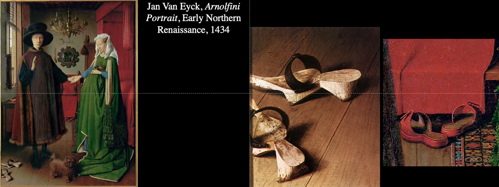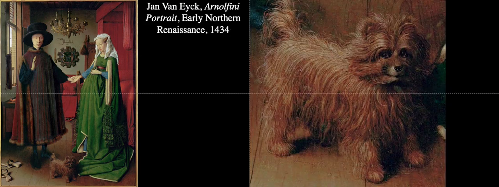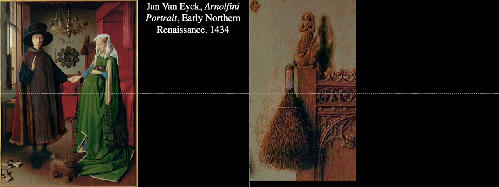We can think that in the lower part of the composition here and in the background over here, we have shoes. In the center of the composition, there he is, woof, we have a dog. In the background over here, we have a hand broom. I'll say more about this in a second.